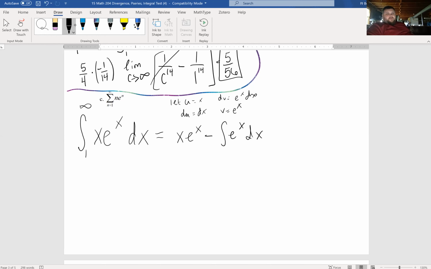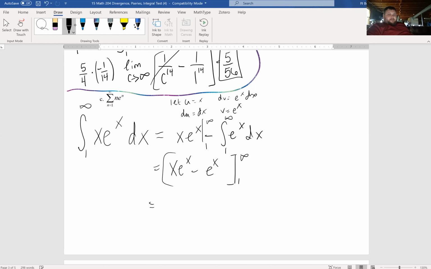And we've done this one quite a few times now. Of course, this has to be evaluated from 1 to infinity, and so must this guy. So all of that evaluated from 1 to infinity.